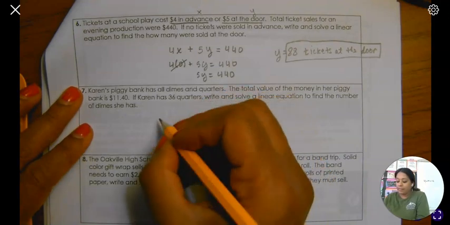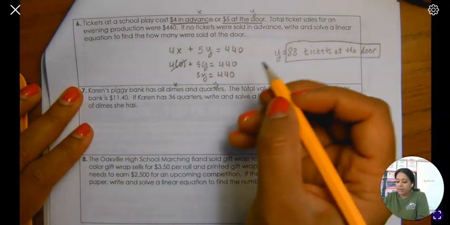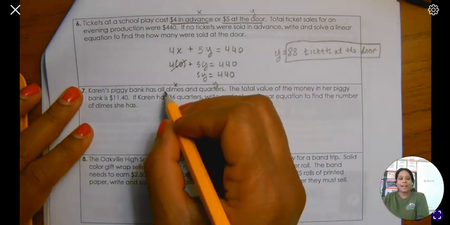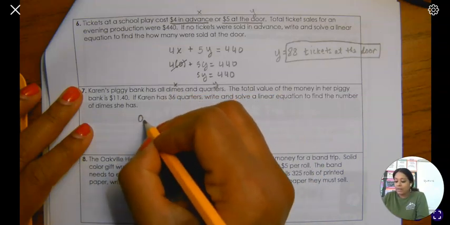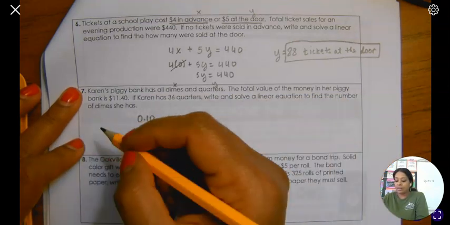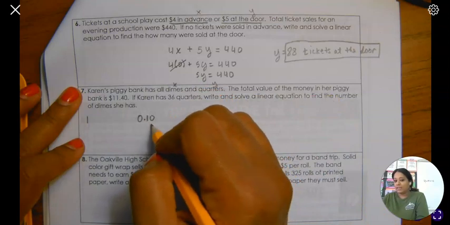So let me go ahead and build my equation. For dimes, I'll use X. For quarters, I'll use Y. So even though I don't know how much, well, I do know how much dimes are. They're 10 cents. So the way I'm going to write 10 is as a decimal, because remember, $1 is $1. So 10 cents, I could write it like that.